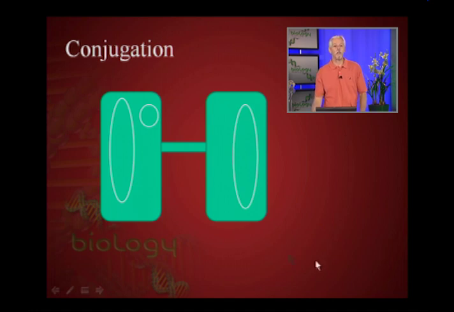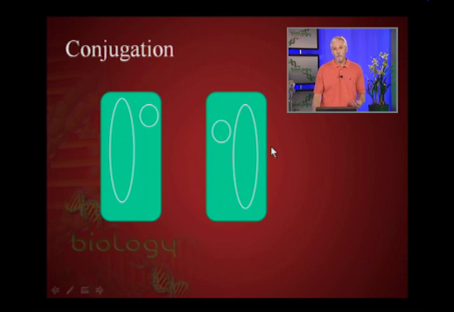Recall, of course, the DNA is double-stranded, so one of the strands of the plasmid will break and peel off, move through the conjugation tube, and then reform in the other bacterium or archaean, in the other prokaryote. Then the complementary strands are rebuilt in each of the prokaryotes. So at the end of the process, both bacteria have that particular plasmid.